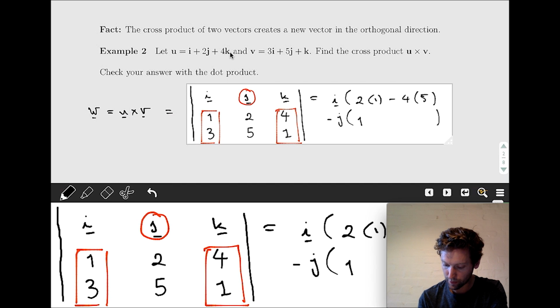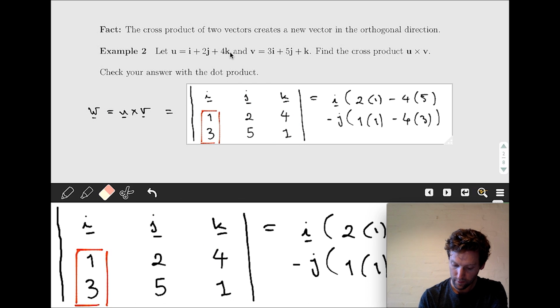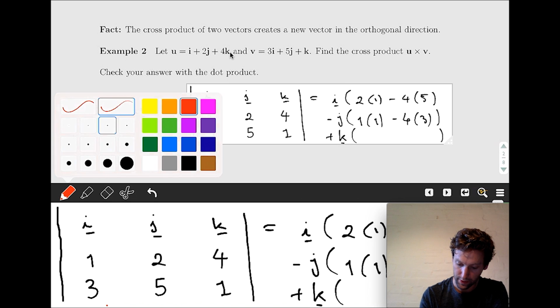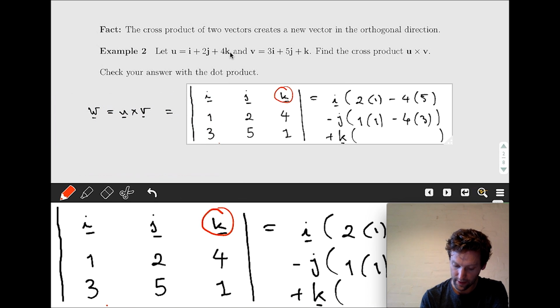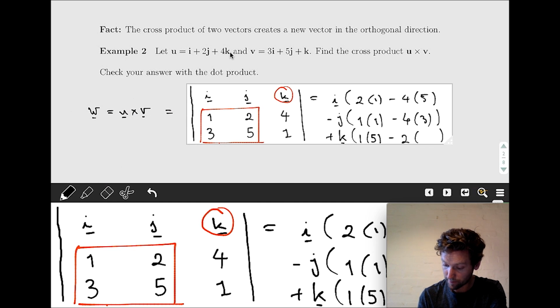So I've got 1 times 1 minus 4 times 3, plus k times the determinant of the bottom left-hand corner 2 by 2 matrix. So I've got 1 times 5 minus 2 times 3.